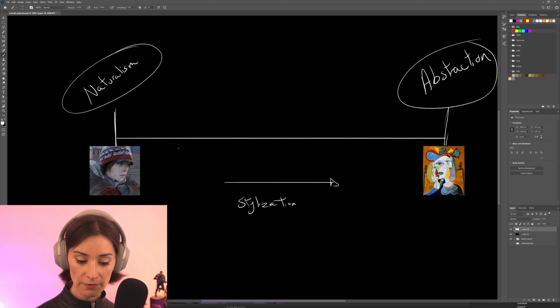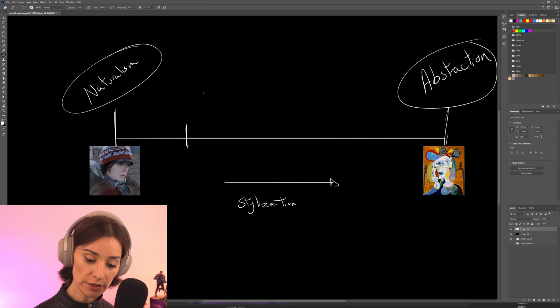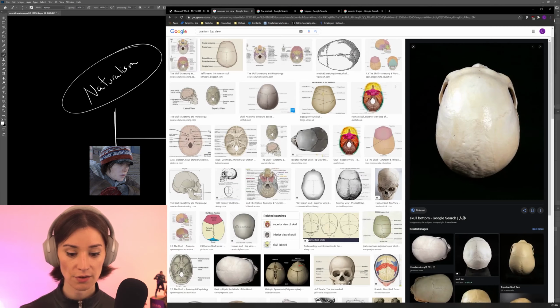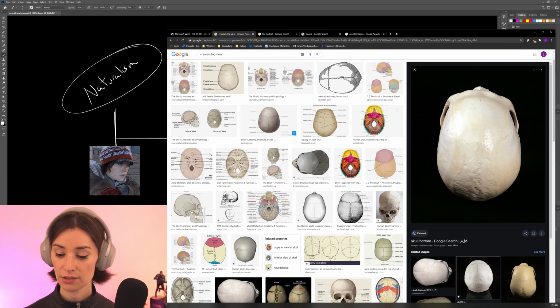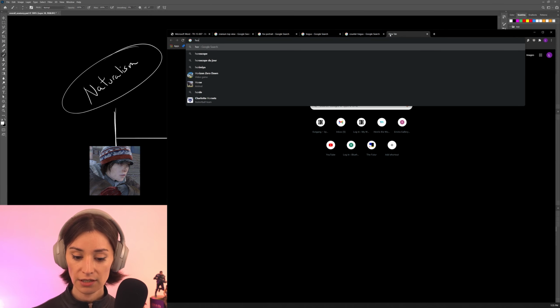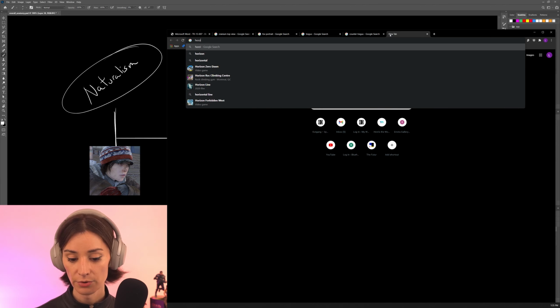So what would we have on the spectrum? Well, somewhere about here, maybe, we would have something we would refer to as stylized. Certainly in the realistic spectrum, but not completely realistic. There's just something about it that has been tweaked a little bit. For me, when I think of stylization, I think of Horizon.